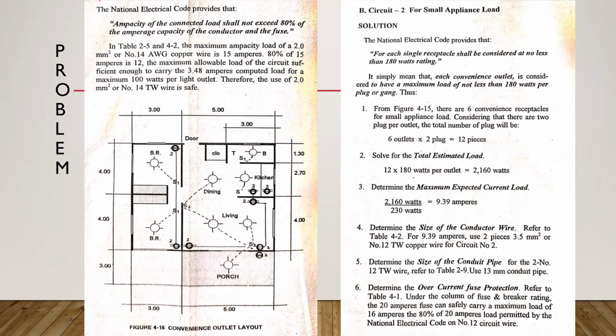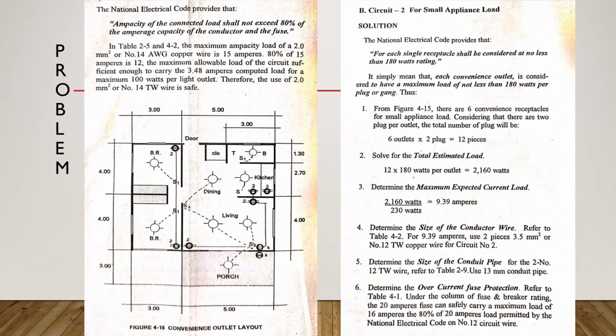In table kanina na 2-5 and 4-2, the maximum ampacity load ng 2.0 mm diameter or number 14 na copper wire is 15 amperes, which is galing din sa ating circuiting guidelines.